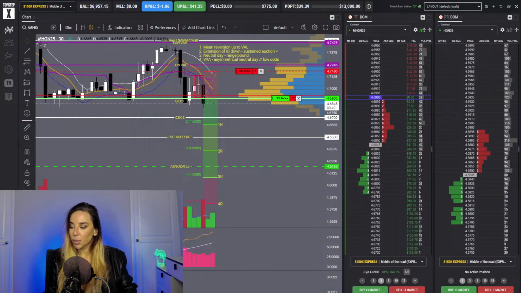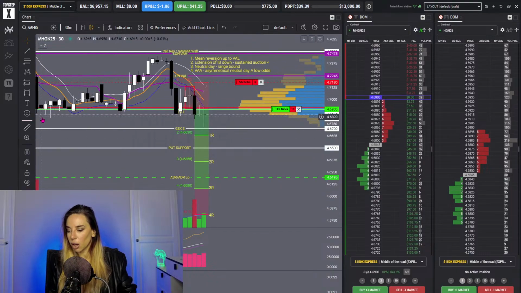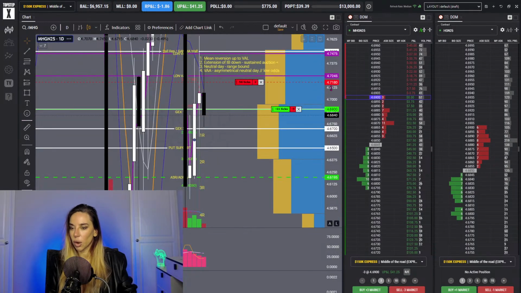ADR high and ADR low are not just simple. You can just look at the ADR, right? You can just look at the ATR over the daily and derive that, but that's not the measure.